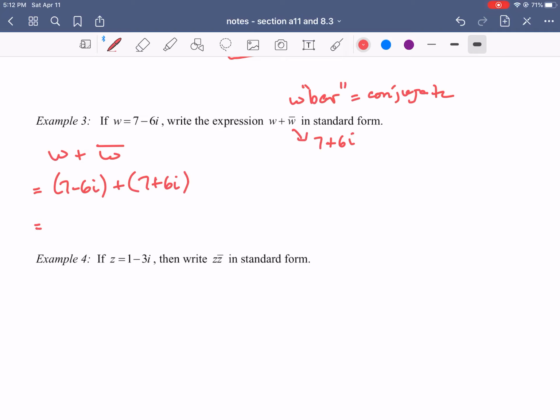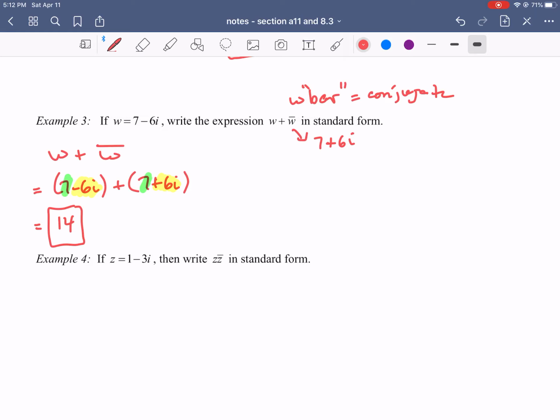And so we're just adding these two imaginary numbers together. If we add the real parts first, that would be the 7 and the 7, and that's going to give us 14. And if we take the imaginary parts, negative 6i plus 6i, those are going to cancel, and so this will not have an imaginary part. The answer will just be a real number of 14.